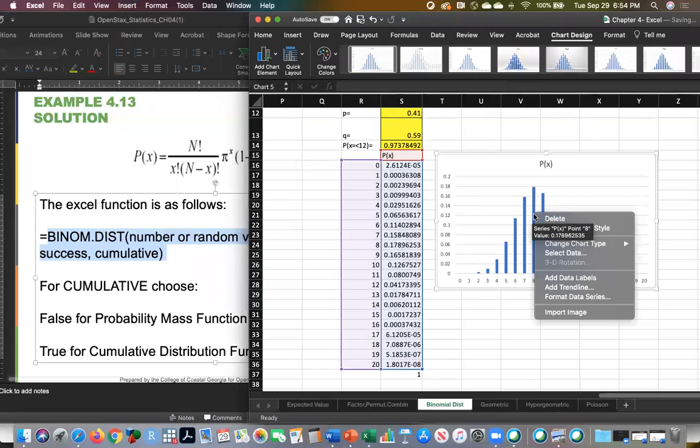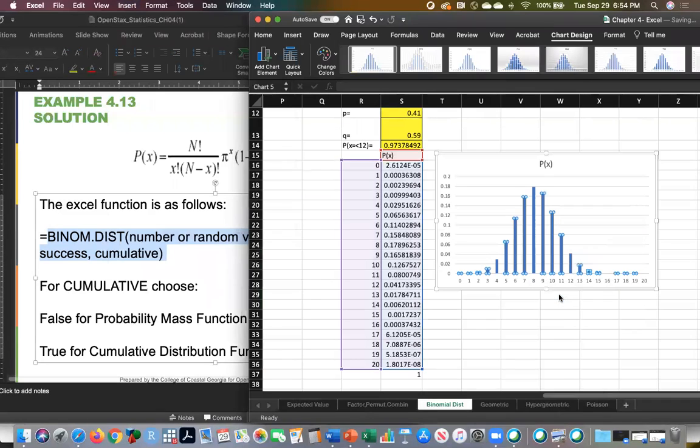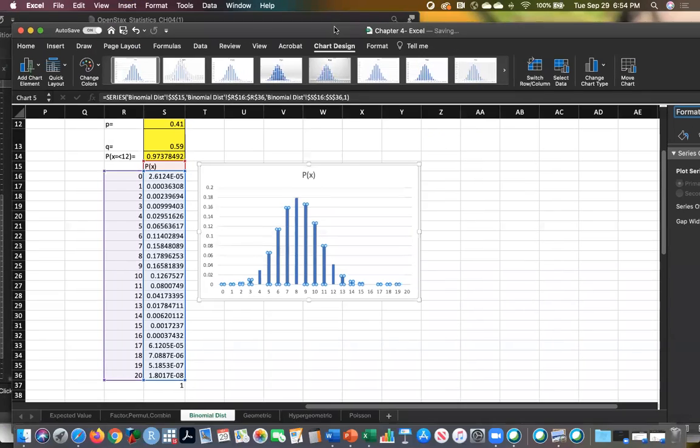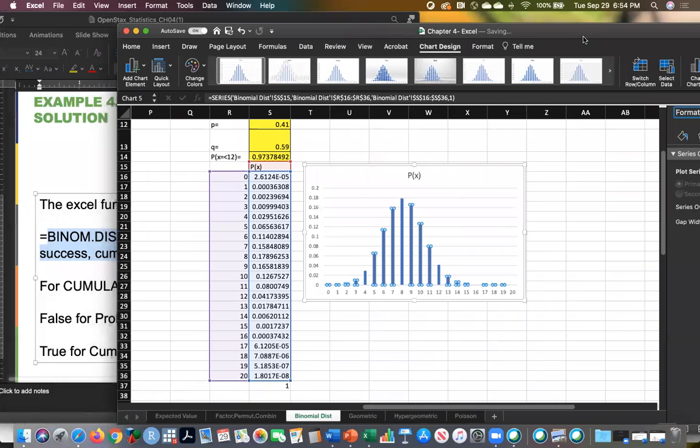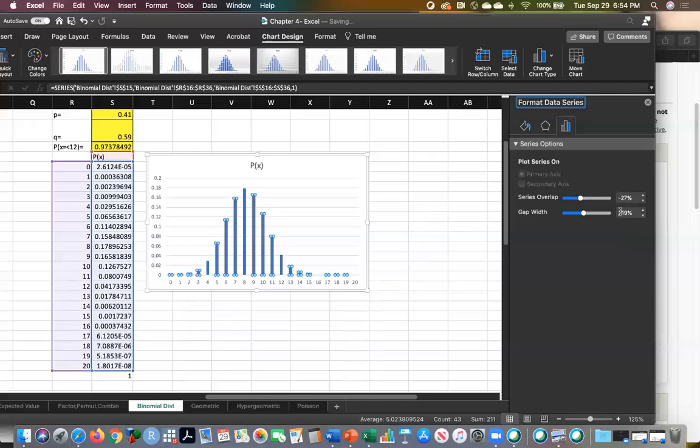Once again, we have the tallest bar close to 8. What happened here? Okay, I know. I'm going to close the gaps. Now I have my distribution.